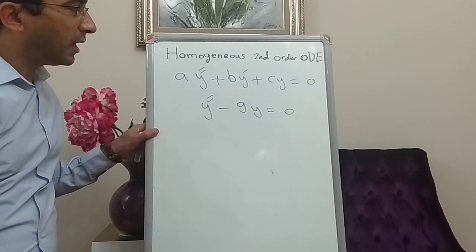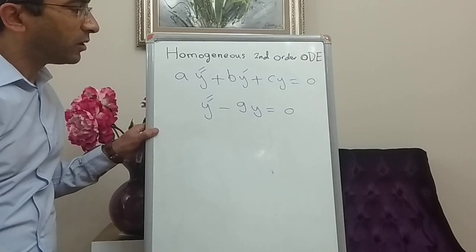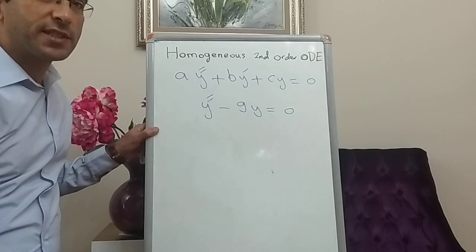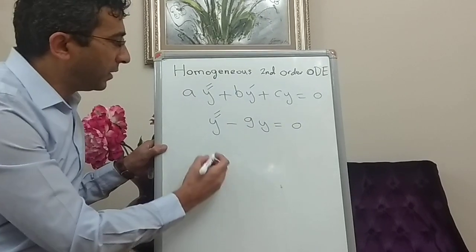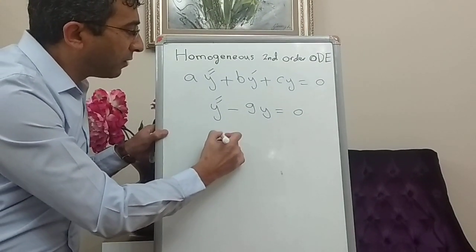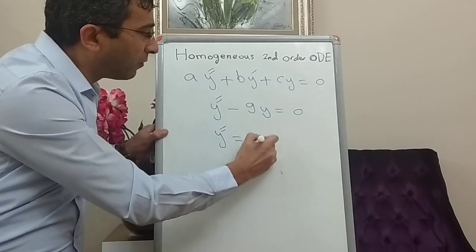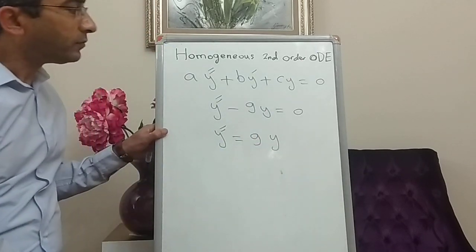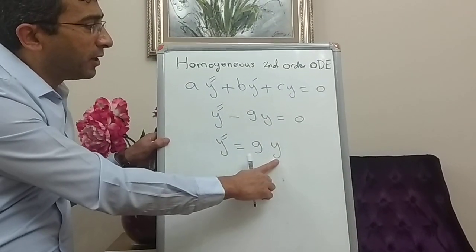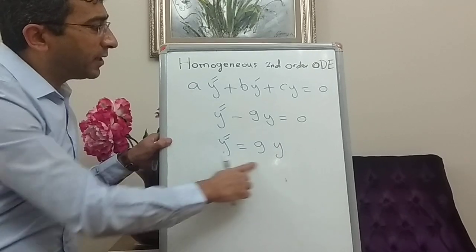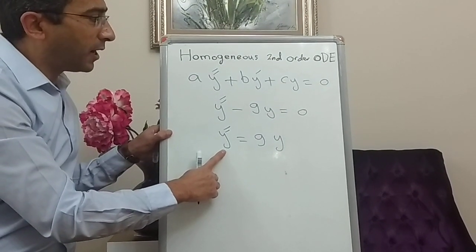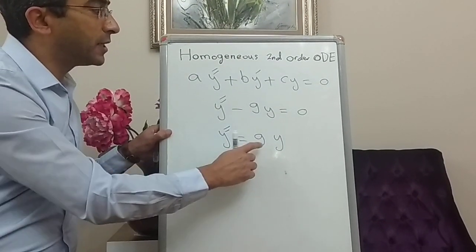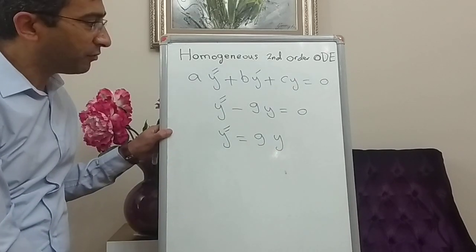So in the beginning I want to show you that you can solve this equation by guess. If y double prime is equal to 9y, what is the function whose second derivative is equal to 9 times the function itself?